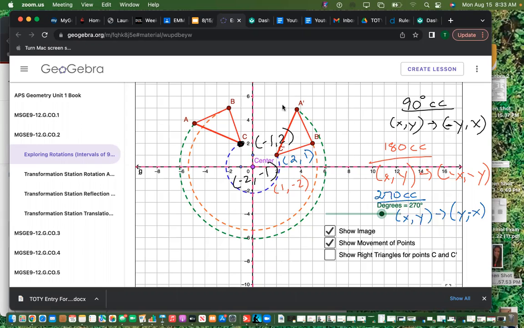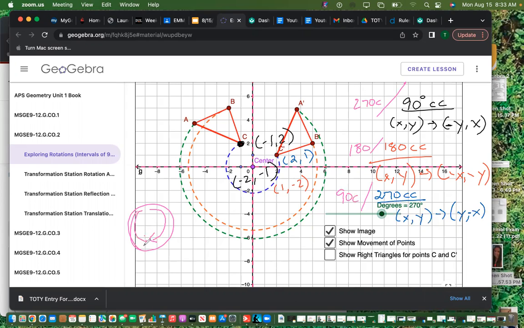Now, one thing to remember is that this is moving counterclockwise. If we wanted to go clockwise, this would be 270 degrees clockwise. This would still be 180 clockwise. It would be the same rule. This would be 90 degrees clockwise. So something to keep in mind is depending on the direction that you go in. For instance, if you don't know what I mean by clockwise or counterclockwise, going this way on a clock is clockwise.